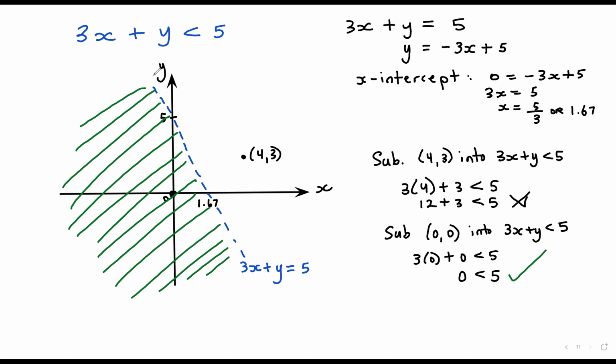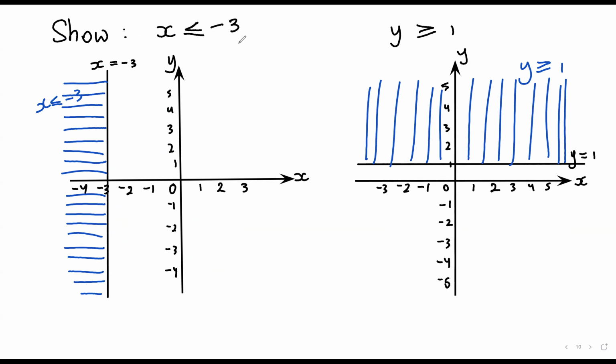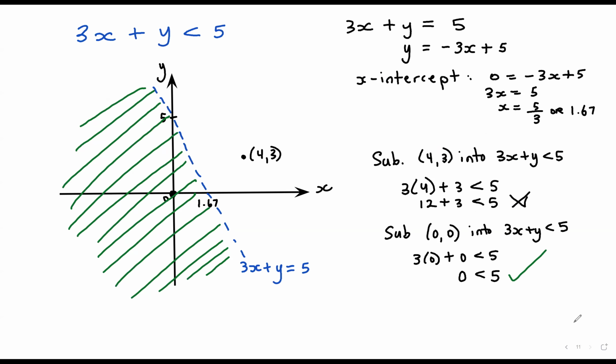Right? So unlike when it's just x less than or equal to something or y greater than something, where it's quite easy to tell, when you have a linear equation with an x and a y, you have to take a point on either side of the line and test it in the inequality to see if it makes sense.